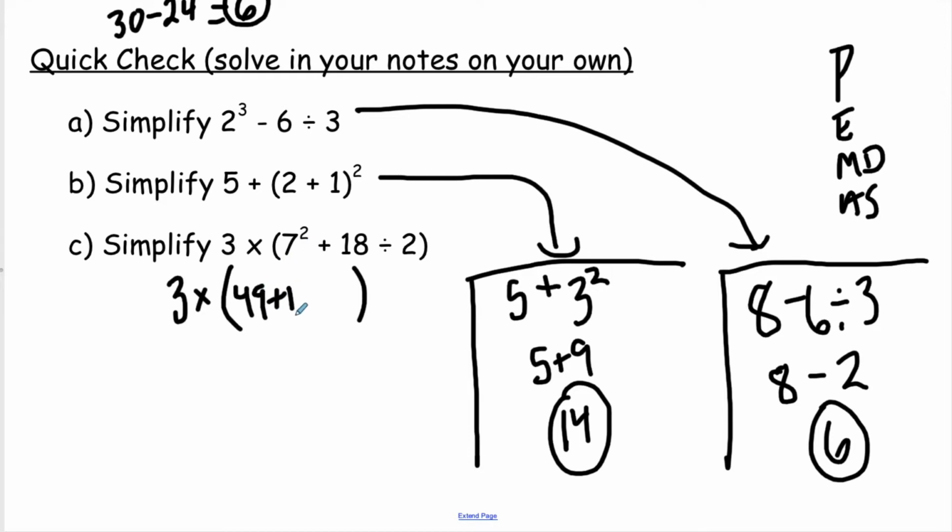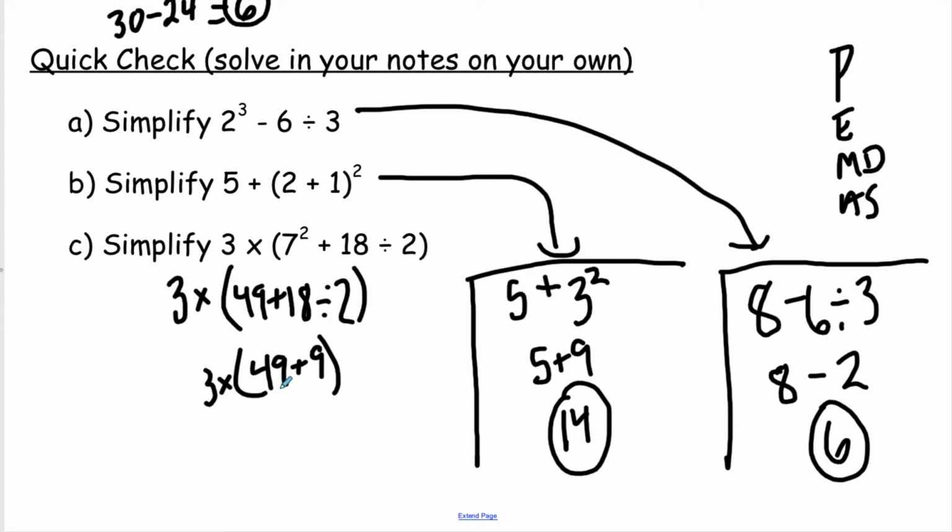I'm going to bring everything else down. I didn't use it yet, so let's keep things organized. Still parentheses. What's in there? Addition and division. Division comes first, so 18 divided by 2 is 9. Bring everything else down.